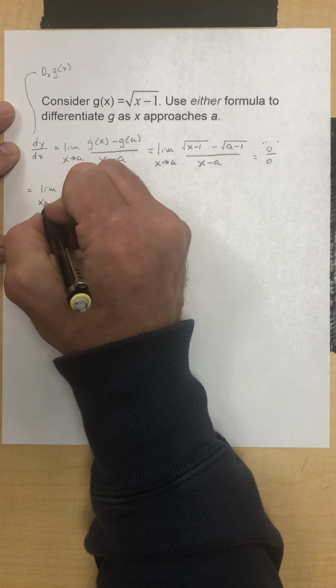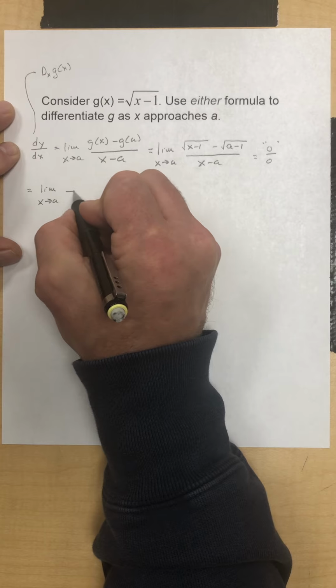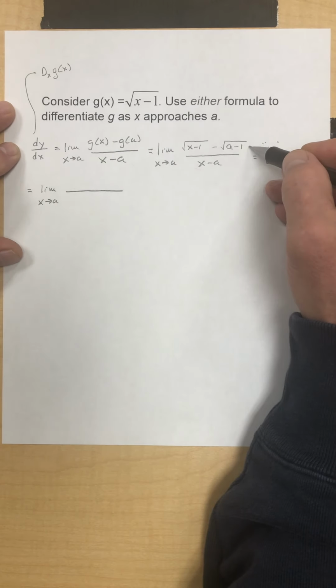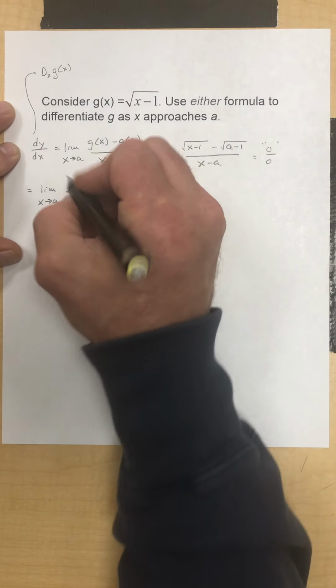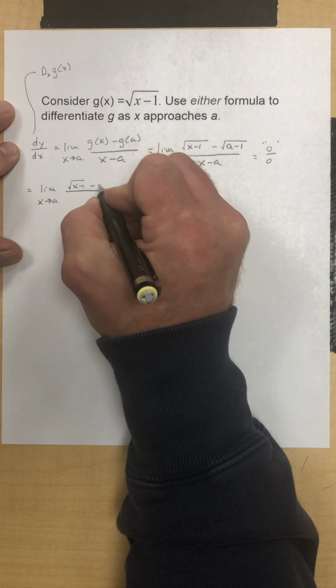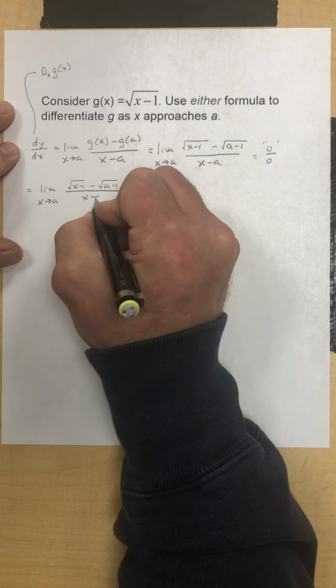Somebody might be asking, well, why are you using a conjugate? And I would say, because it works. So if I multiply the numerator and denominator by the conjugate of the numerator, we have radical x minus 1 minus radical a minus 1 all over x minus a.